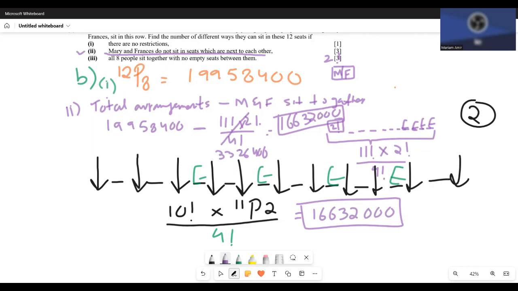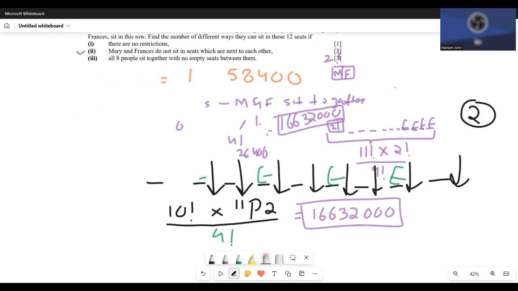Okay. Last part is: all 8 people sit together with no empty seats between them. So if there are no empty seats between them and they're sitting together, that means that we need to group those 8 people together.